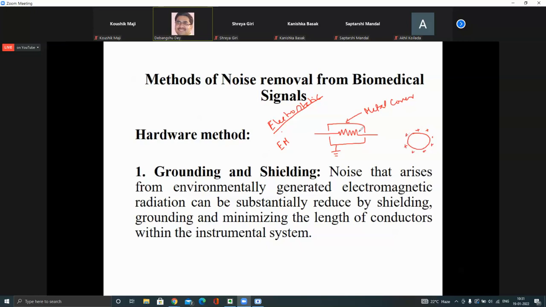So if you shield it, and the body is grounded, even if there is a bound charge, that will be on the outer surface. So inward there will be no such effect. Inside the electric field will be zero. So even if you are having some electric field outside, the effect inside will be less. So there won't be any electrostatic effect also. That is the electrostatic shielding.